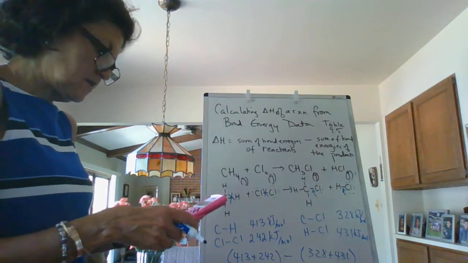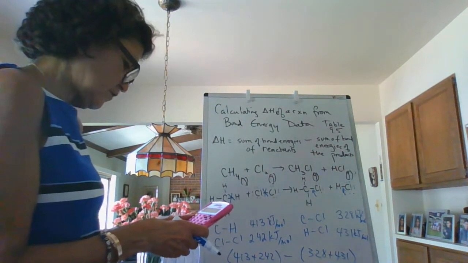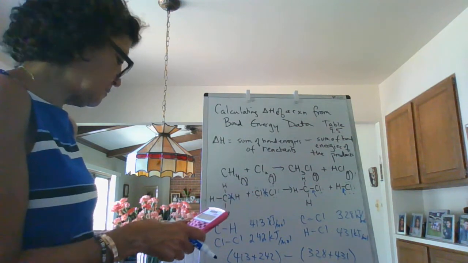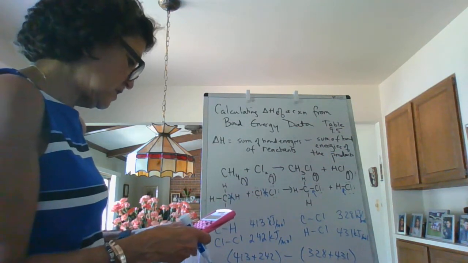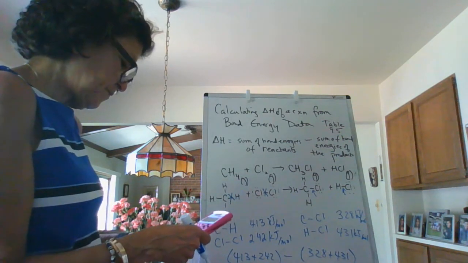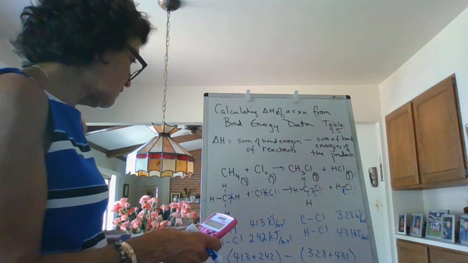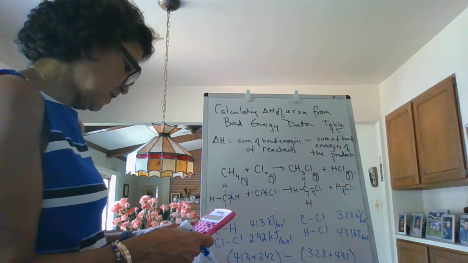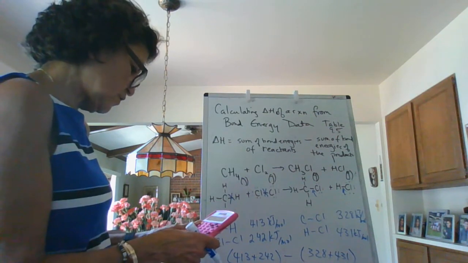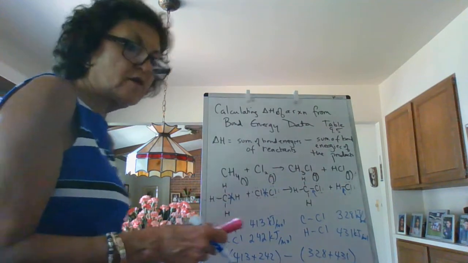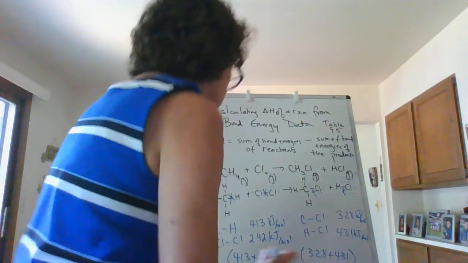Let's see what we get. 413, oops, helps if I plug it in right. 413 plus 242 minus, open parentheses, 328 plus 431, close parentheses, and I get negative 104 kilojoules.